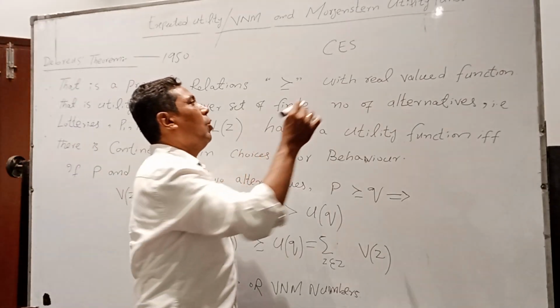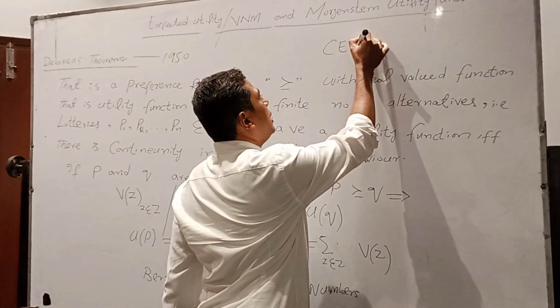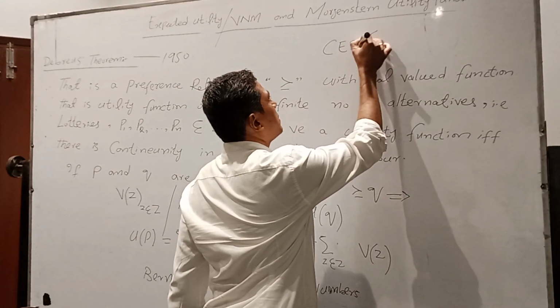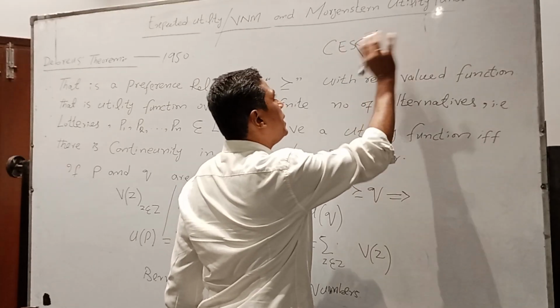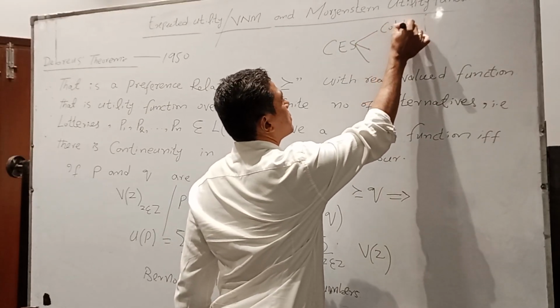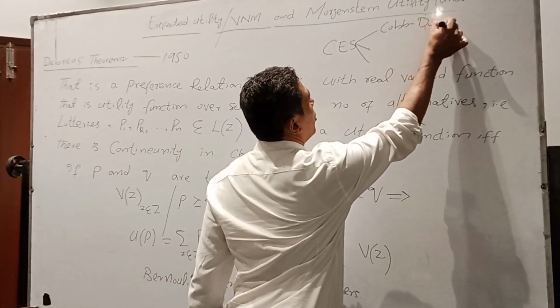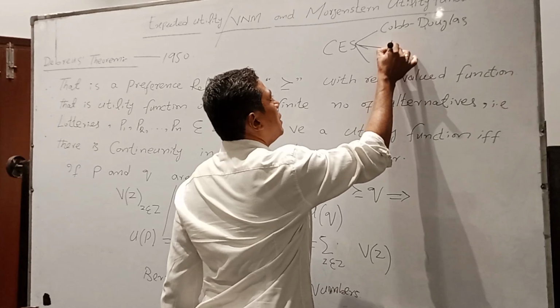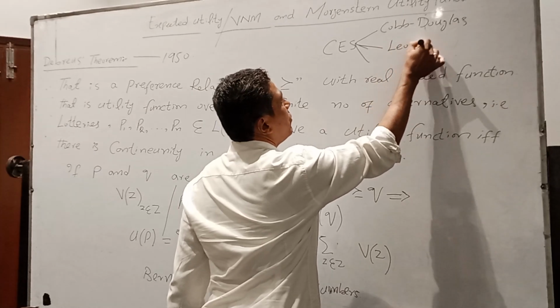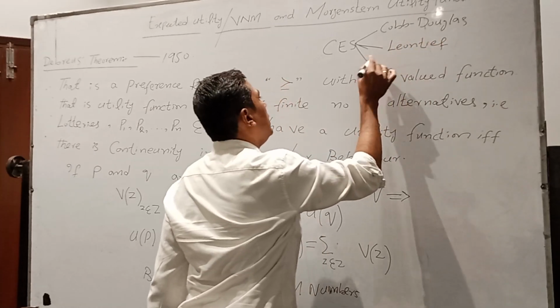The constant elasticity of substitution function is divided into Cobb-Douglas, similarly Leontief, and linear.